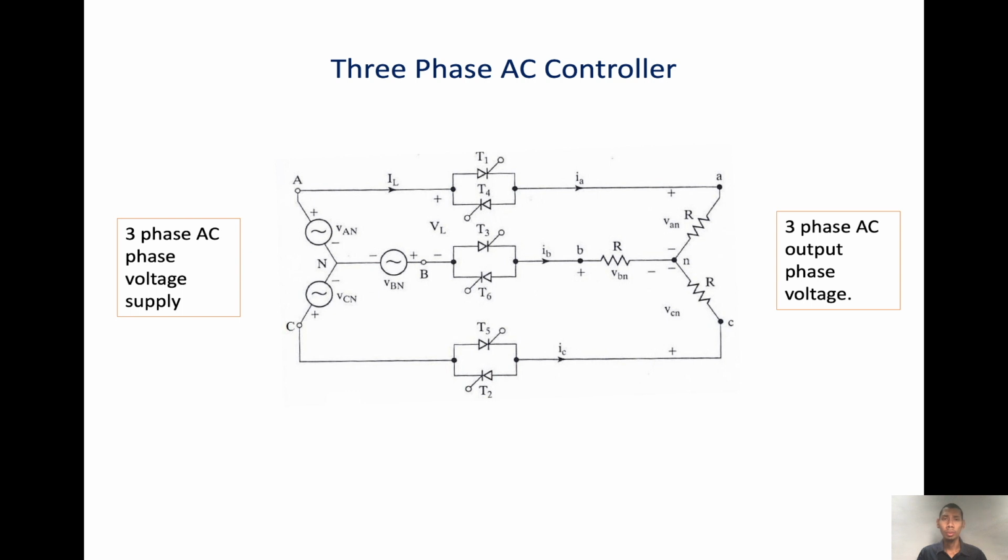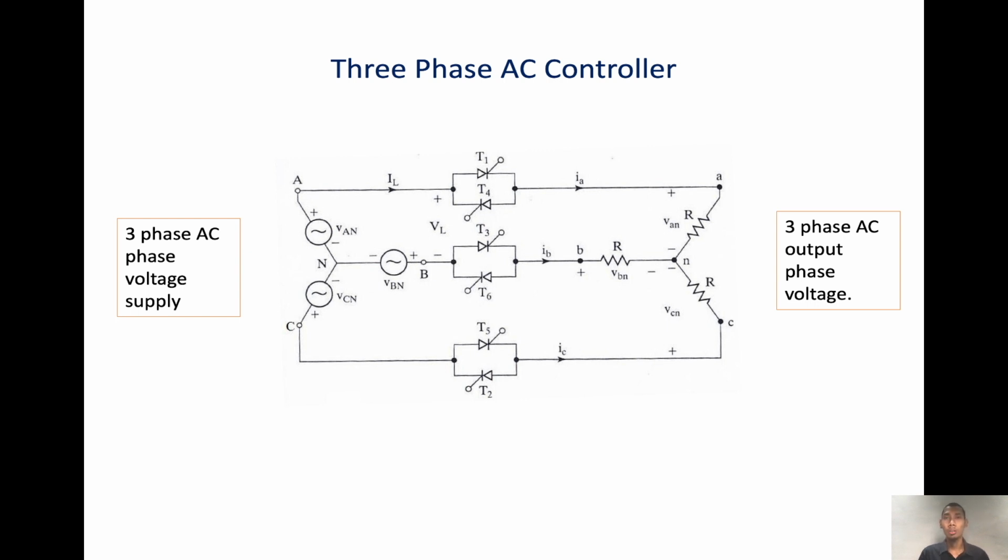So previously we learned about the 3 types of AC controller. The first one is the on-off control AC controller. The second type is the half wave and full wave single phase AC controller, and the last type is the cycloconverter.